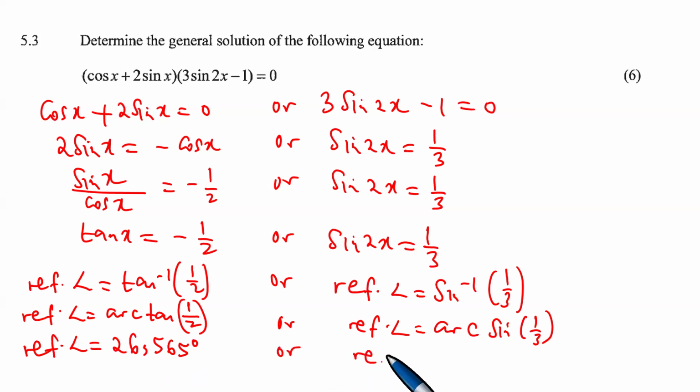Or we also see the arcsine of 1/3, and this is 19,471 degrees. We have got two equations.